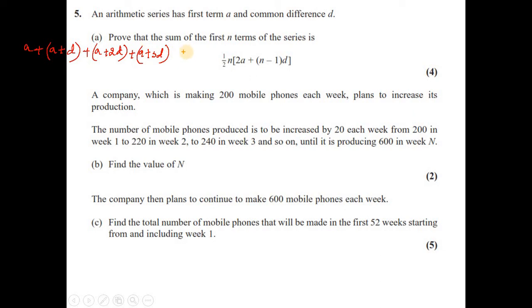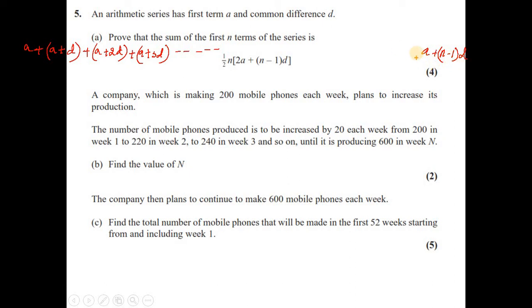So if you keep doing like that, at the end the last term would be a plus n minus 1 d. This is the last term of the arithmetic series.